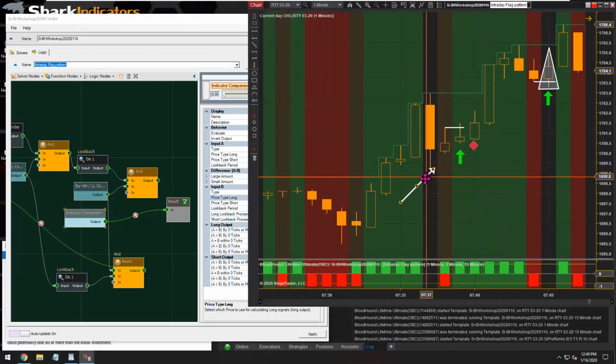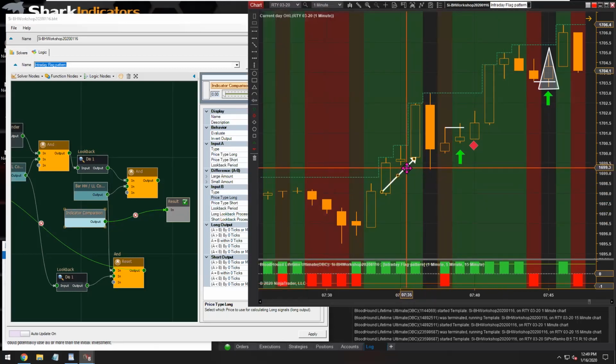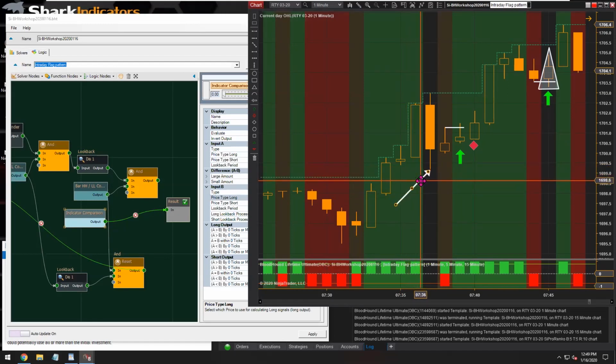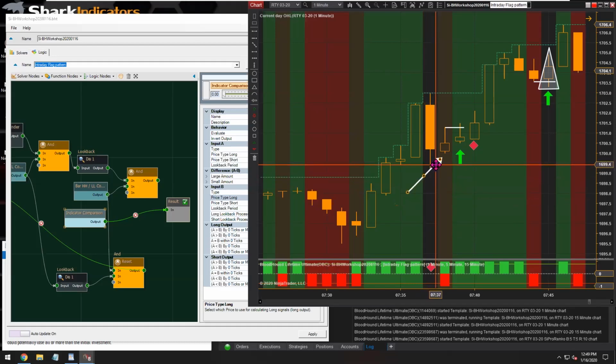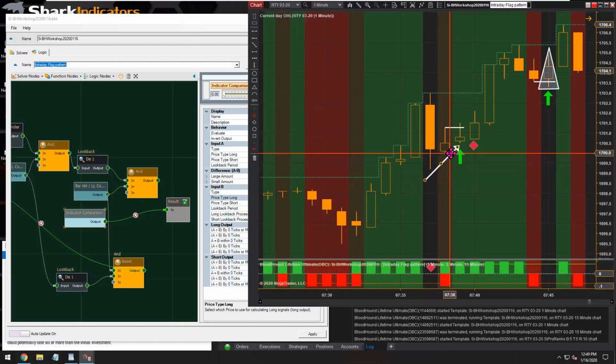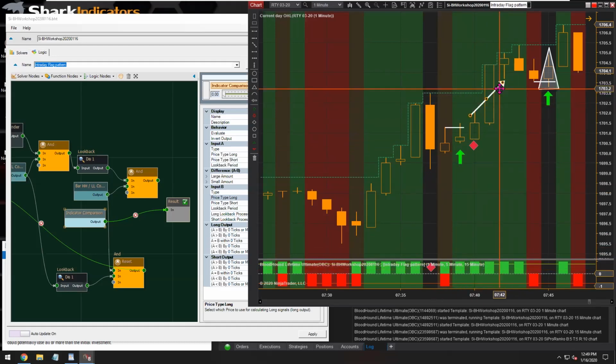Let's see here. If the low steps down, you see how this low is lower than the previous bar's low, and there's no long output. Perfect. Then the lows go higher and we get a long output. As long as these lows keep going higher, we're getting a long output.